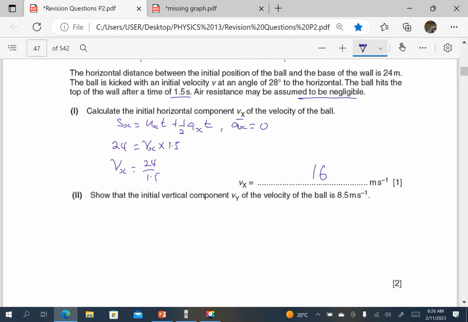Next, find the initial vertical component Vy of the ball, and show that the initial vertical component is 8.5.